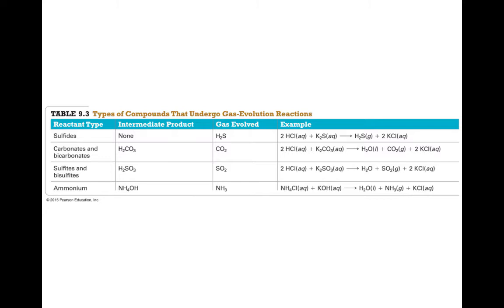Carbonates evolve carbon dioxide gas, sulfites and bisulfites evolve SO2. The ammonium type cation there makes ammonium hydroxide with the water. It evolves NH3. I've never really seen this as what's considered to be a gas evolution reaction. It's just one way of looking at this type of reaction. Even the book mentions that.